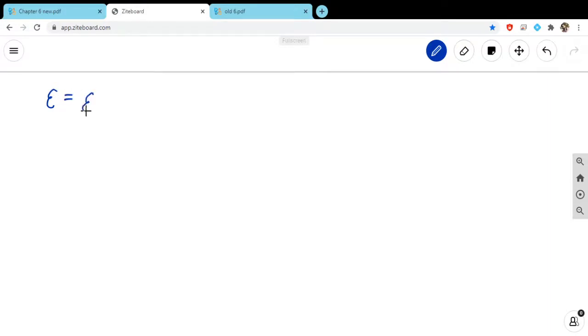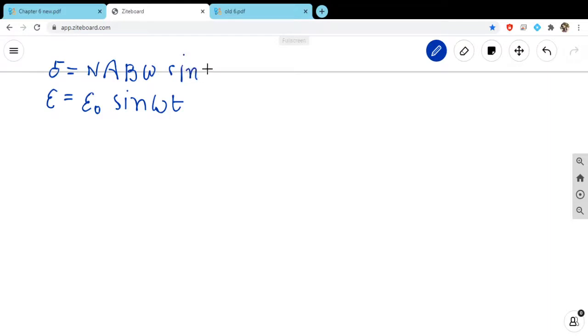Here, you know that the EMF produced in the generator is epsilon sine omega t. Do you remember? For that equation, we obtain epsilon equal to epsilon naught sine omega t, which is N A B omega sine omega t.